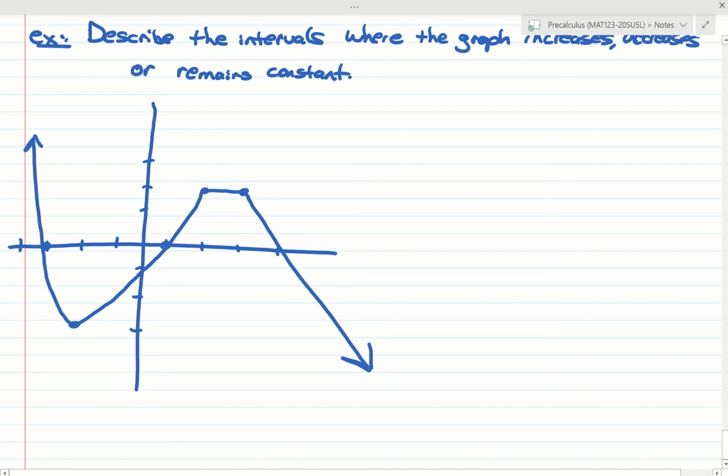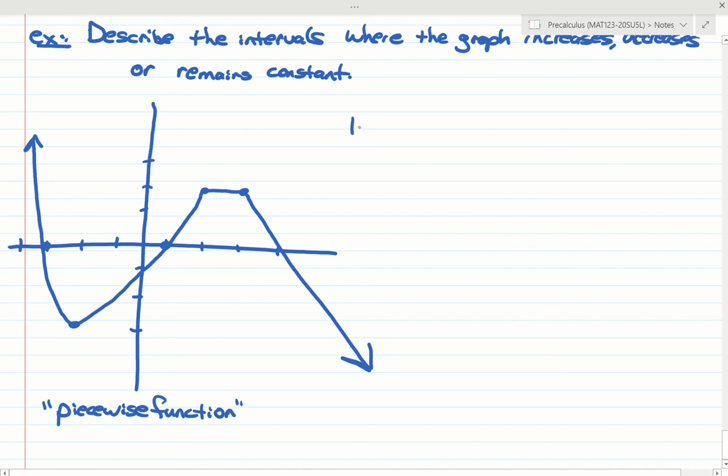All right, so let's say that that's what our graph looks like. Technically, this is called a piecewise function. You don't have to know this, but that's what it's called. It looks like the graph was made in pieces.